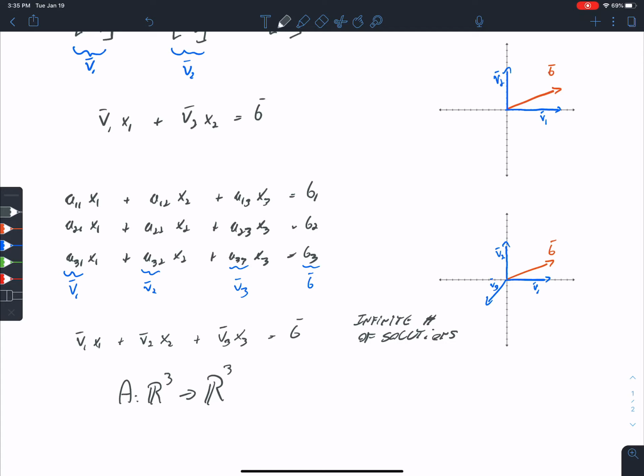We're drawing in 2 dimensions, so I have to erase. The column space of the matrix A is informative as to whether we have one unique solution, no solution, or multiple solutions.